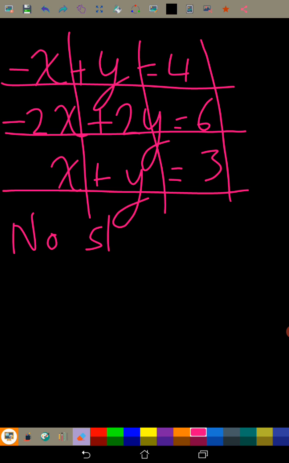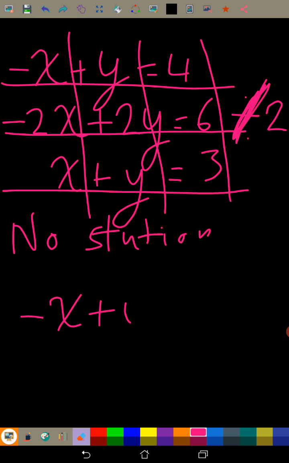No solution. The system of linear equations has no solution, simply because if you divide the second equation by 2, you will get minus x plus y is equal to 3.